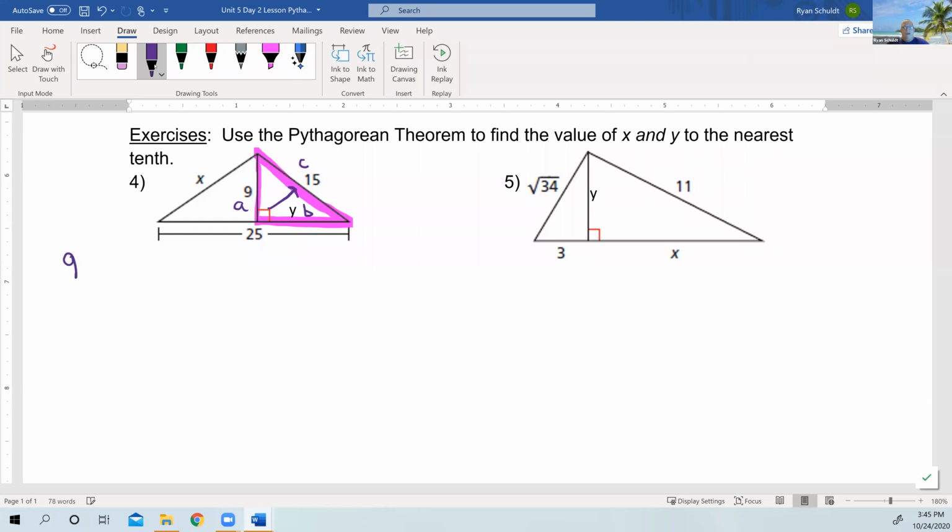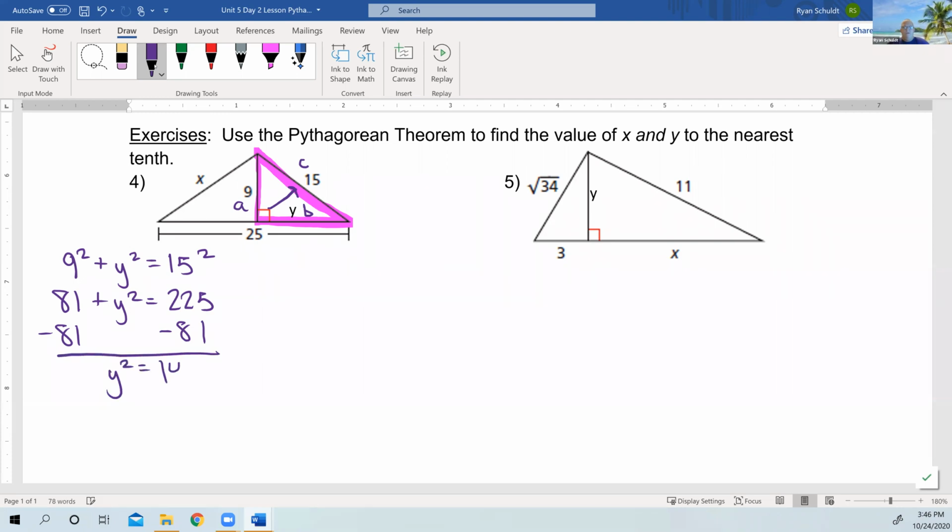So I'm going to say 9 squared plus y squared equals 15 squared. Now 9 squared is 81. Oh, wait, we need to say what 15 squared is. 15 squared is 225. So subtract 81. We're going to get y squared is 144.